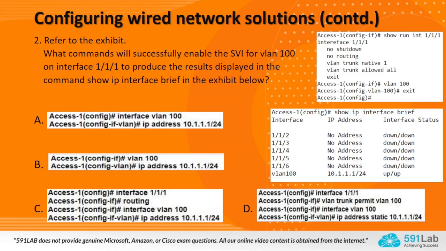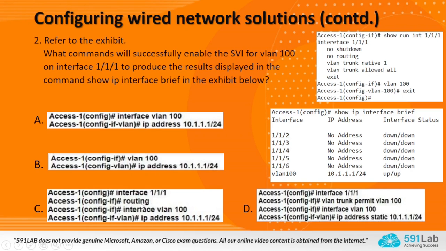Option A, under configuration mode, I am creating interface VLAN 100. Yes, that is correct. Then under that SVI, I have assigned the IP address 10.1.1.1/24. So Option A looks correct. Let me check option B. Actually, interface VLAN configuration mode, VLAN 100 and assign. So this is wrong. There's no such configuration. Option C, interface 1/1/1 and routing.